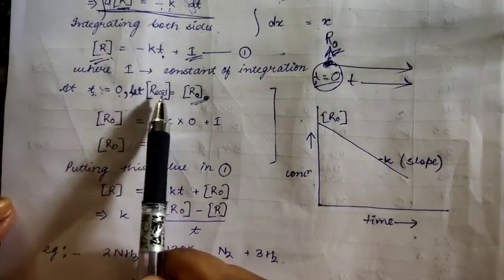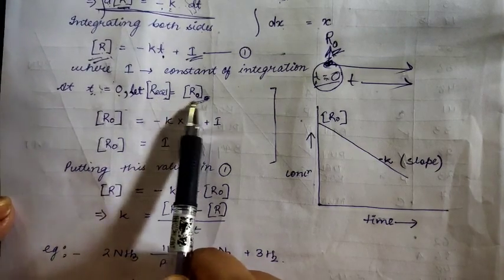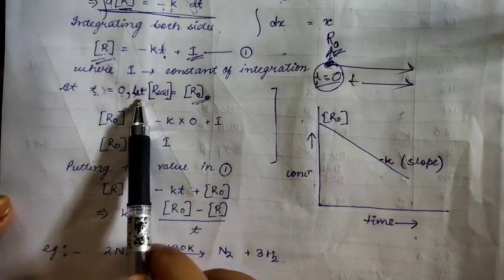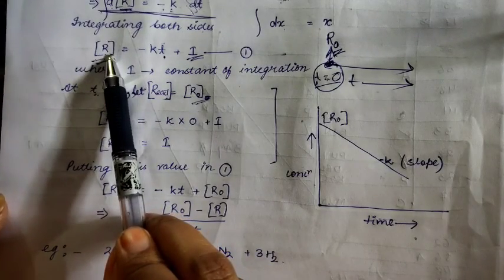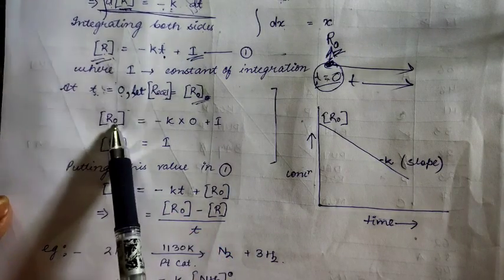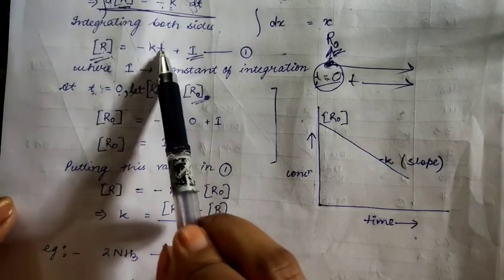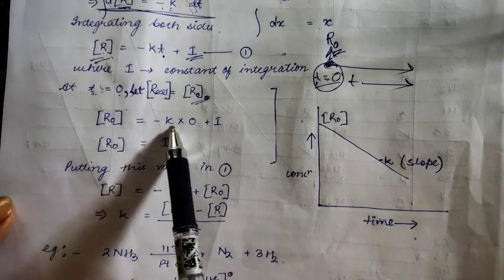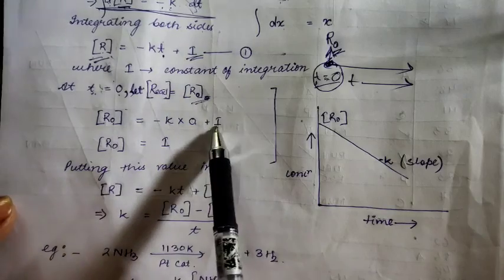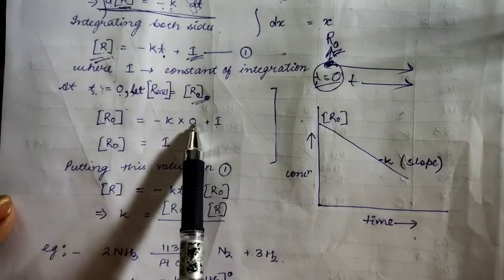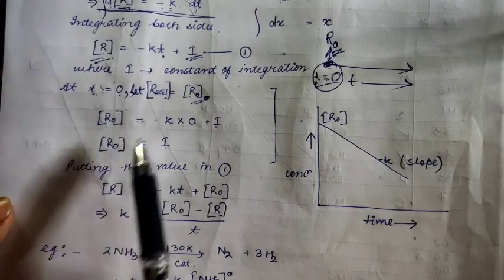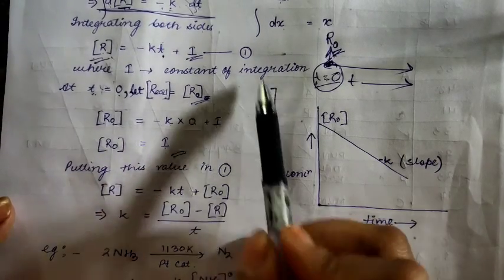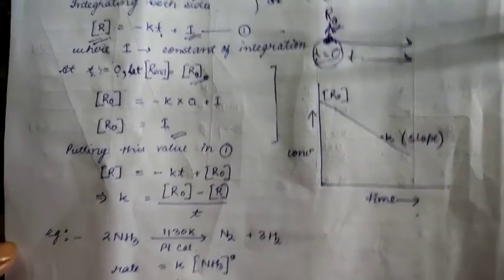So the concentration of the reactant will be R0 and time is equal to 0. Now you see we can put it here, right? The concentration of the reactant is R0 and time was 0, so it will be minus K into 0 plus I. So this will become 0 and we will get the value of I as the concentration R0. Now this value you have to put in equation 1.